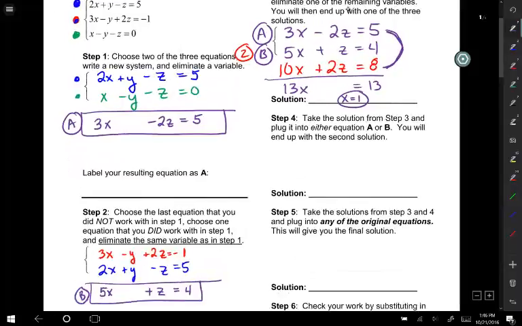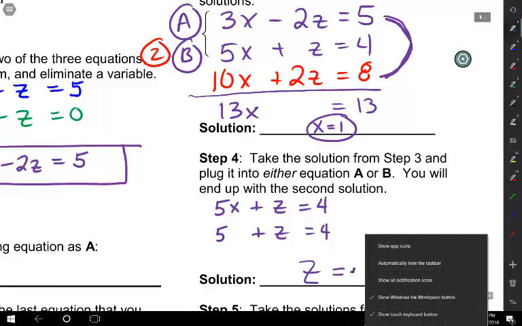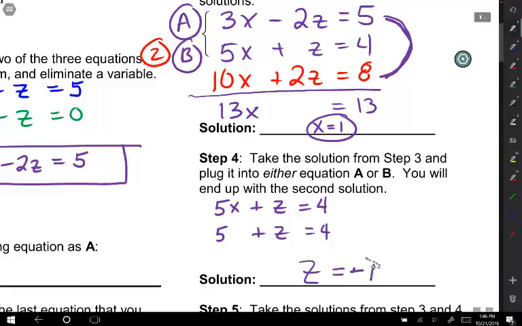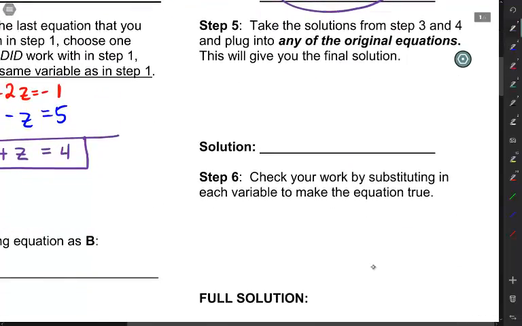So let's go to B. We have 5x plus z equals 4. 5 times 1 plus z equals 4. What's the value of z? Negative 1.